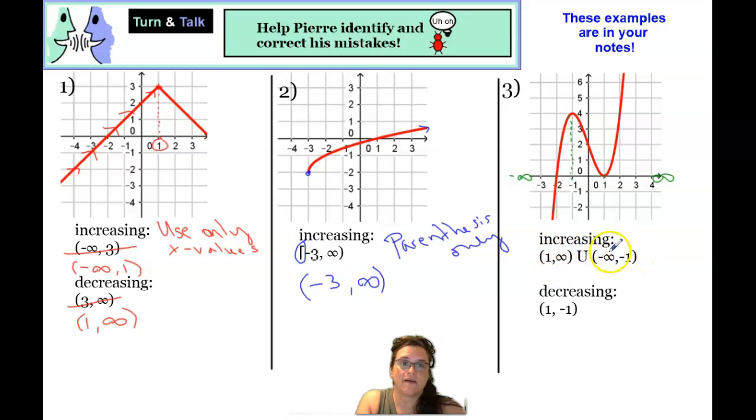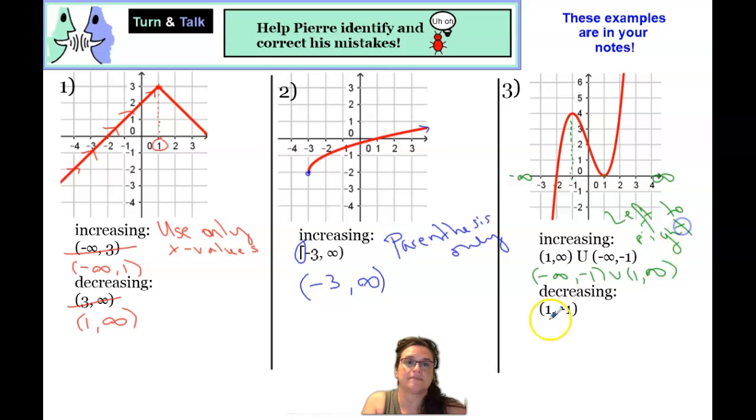And so do you see how these intervals are out of order? Because we have to read the graph from left to right. They have to list the intervals in order from left to right. So this should be written as -infinity to -1, union, and then 1 to infinity, right? And this reason would be we should be reading the graph from left to right.